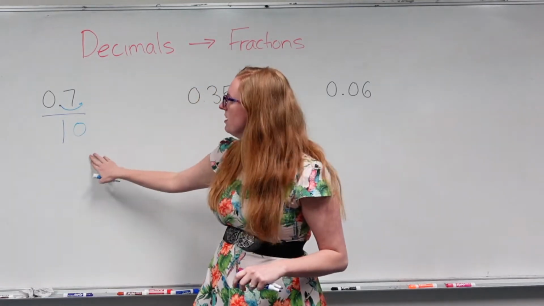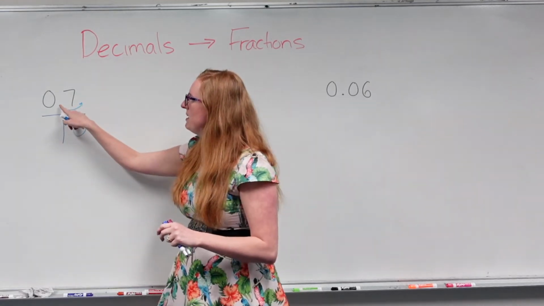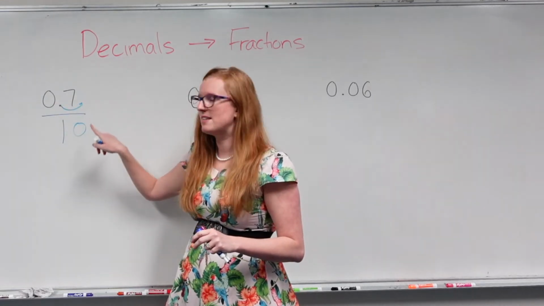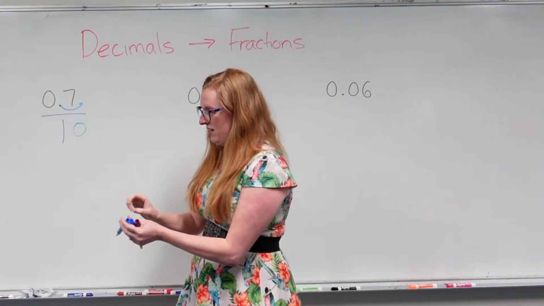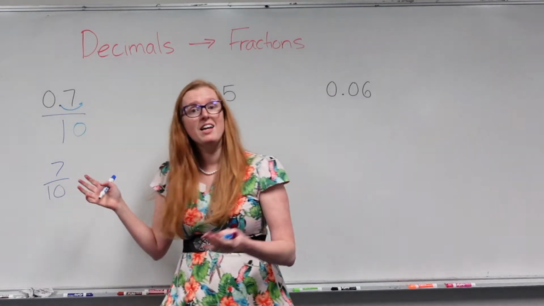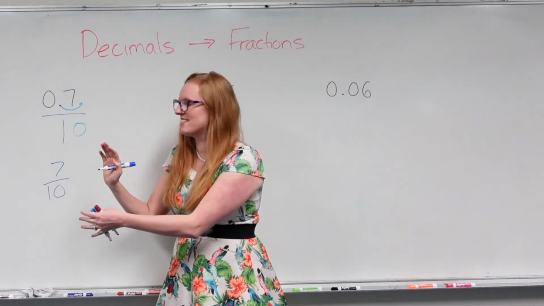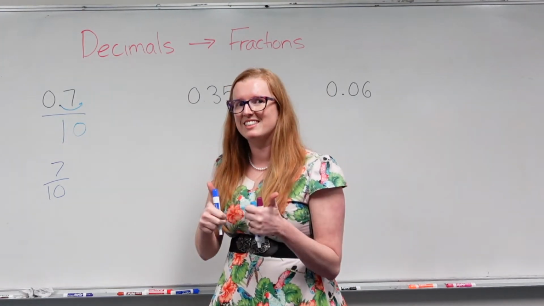Now I've got 7 over 10. However many spots your decimal has to move, that's how many zeros you add onto the 1 on the bottom. So now what I've got is 7 over 10. It's a fraction! And it's already simplified. That's as small as that fraction can get.